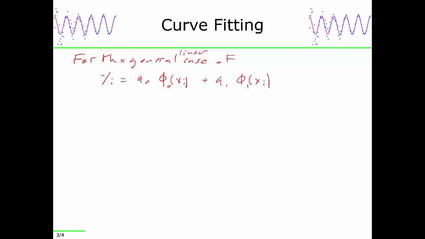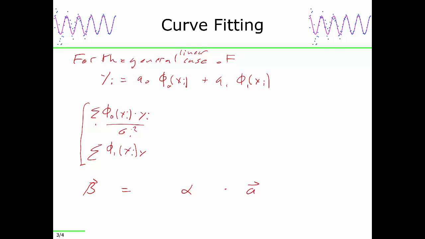It will turn out that our beta is going to be the summation over i. We'll leave in sigma squared, so you've got everything at your disposal here. It's going to be phi 0 of x sub i times y sub i over sigma i squared. And then this will be phi 1 of x sub i times y sub i over sigma i squared.